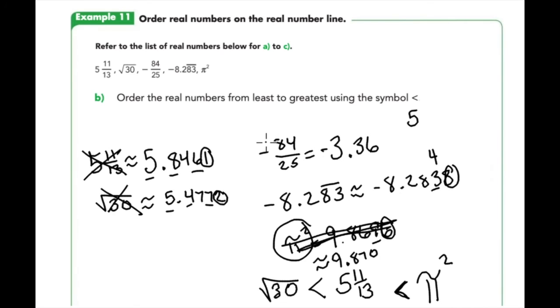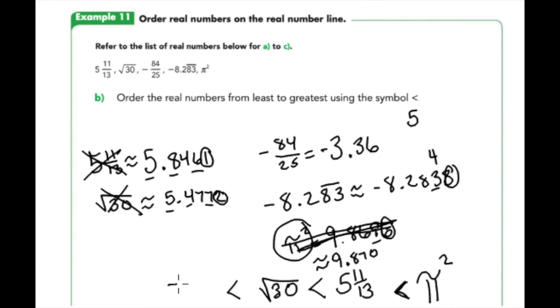Now we're left with the 2 negatives. When you deal with negatives, the smaller absolute value is actually the greater number. So we're going to compare 3 and 8. Negative 3 has an absolute value of 3, and negative 8 has an absolute value of 8. So that negative 3 is farther right on the number line, which means that it is going to be greater than the negative 8.